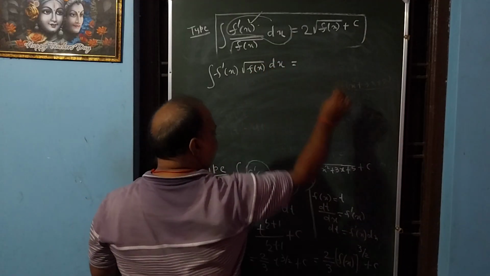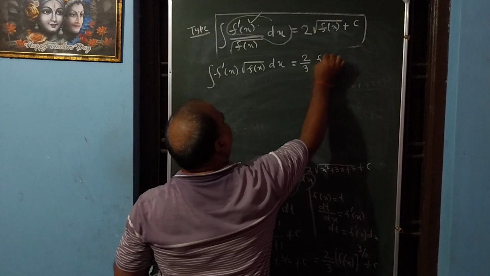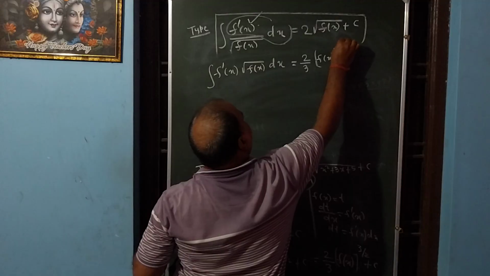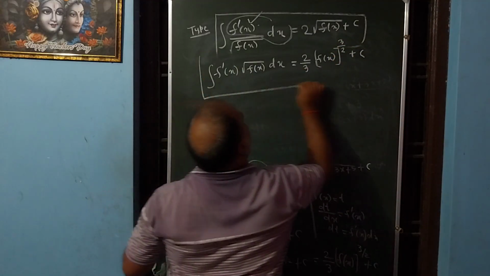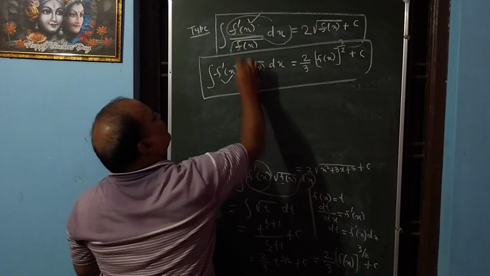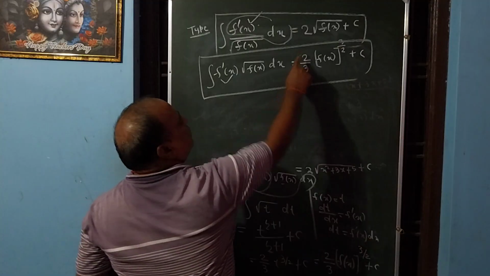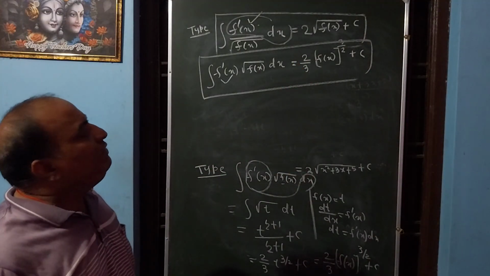The result will be 2 by 3 fx to the power 3 by 2 plus c. Remember, this is one formula. Here the derivative is f dash x, here it is root over of fx. Then the integration value is equal to 2 by 3 fx to the power 3 by 2.